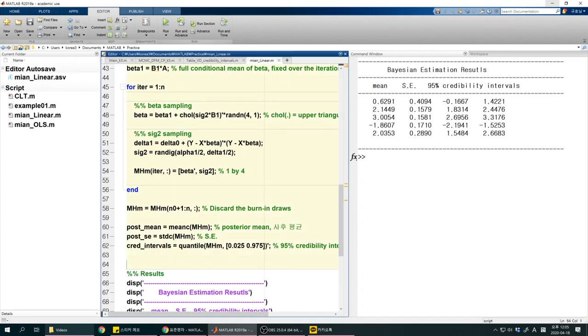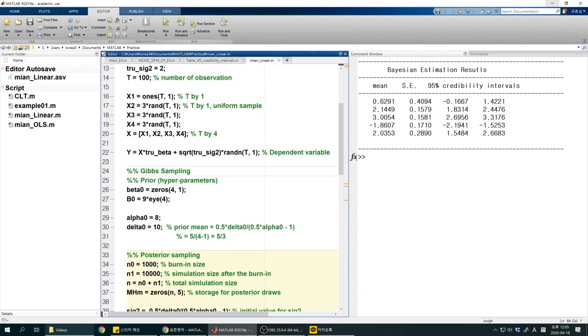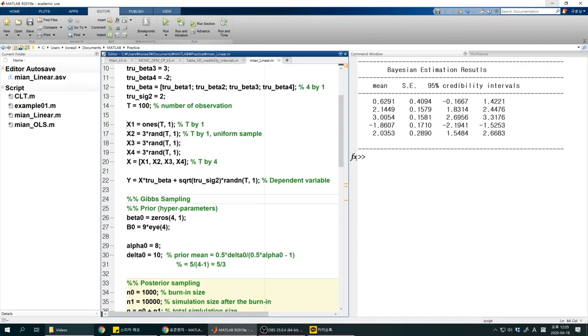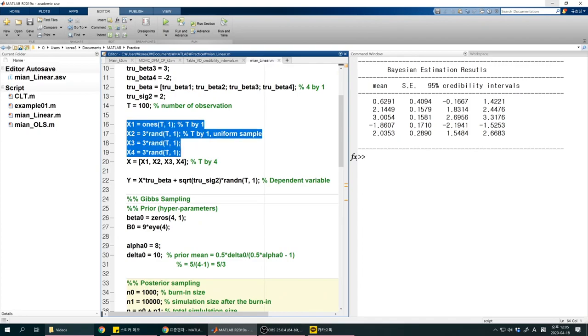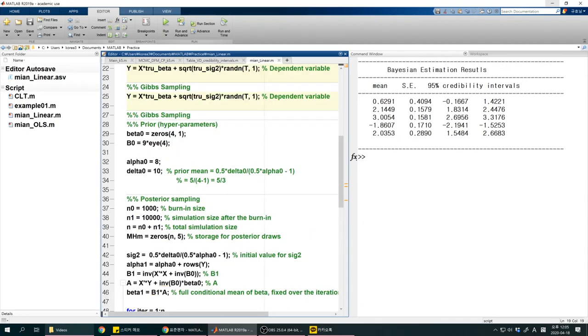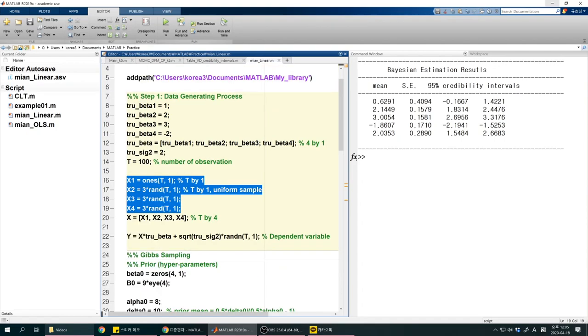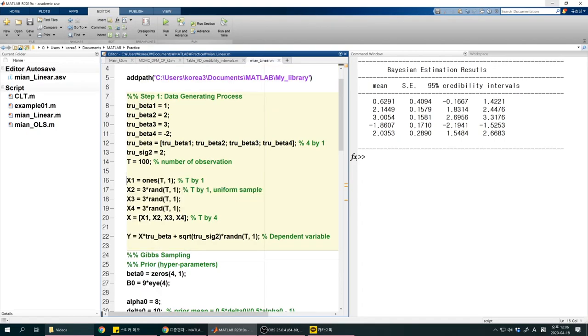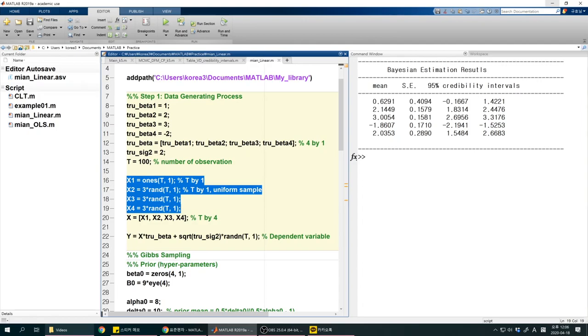Okay, particularly using graph. Here we have four betas and one sigma square. Particularly we are interested in the parameters in the betas, right? Beta 1, 2, 3, and 4.